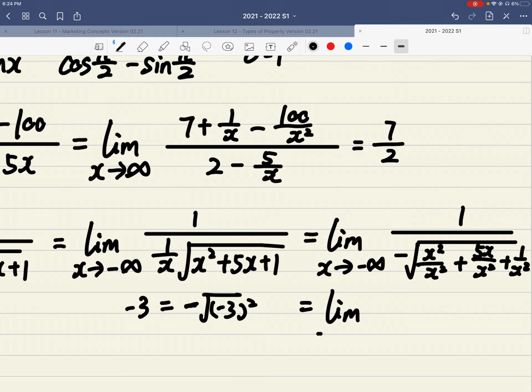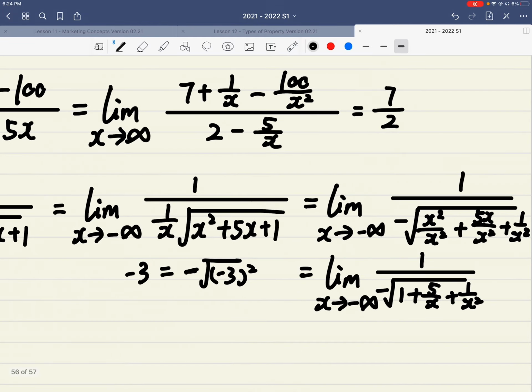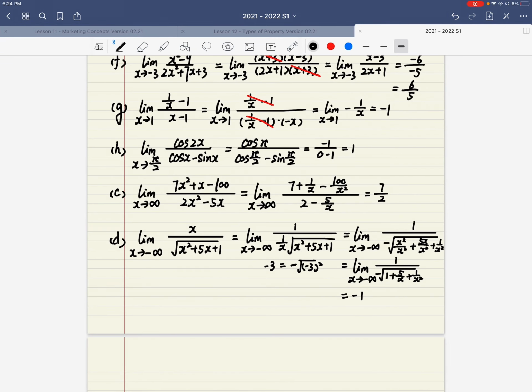Okay, so it's the limit as x approaches negative infinity of 1 over the square root of 1 plus 5 over x plus 1 over x squared, with a negative sign in front. So the result is -1.